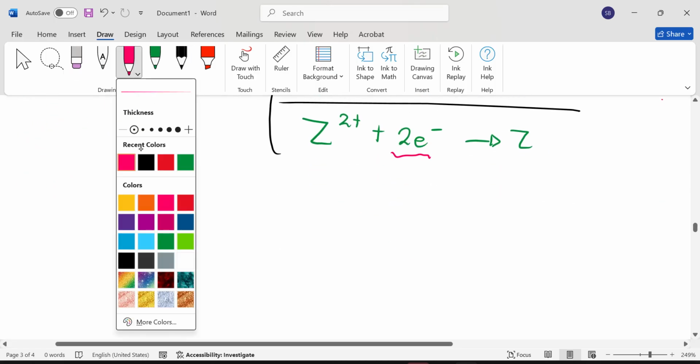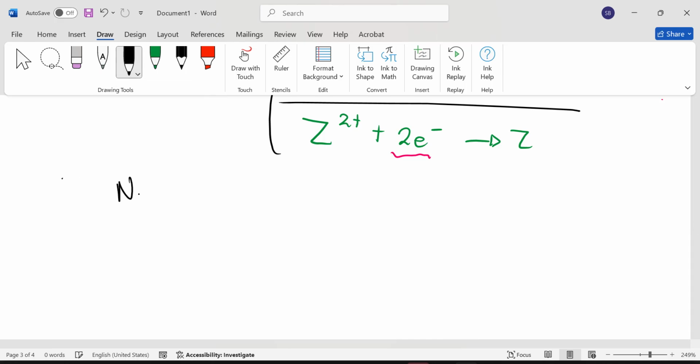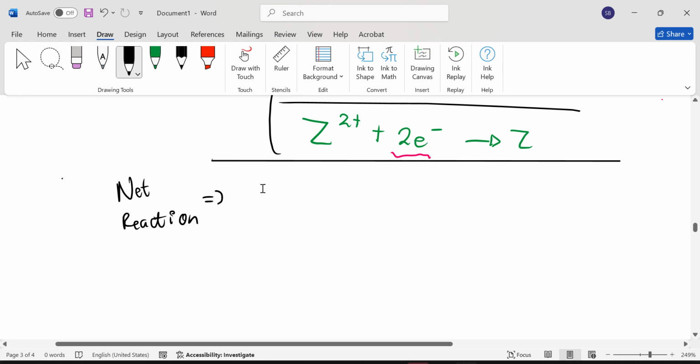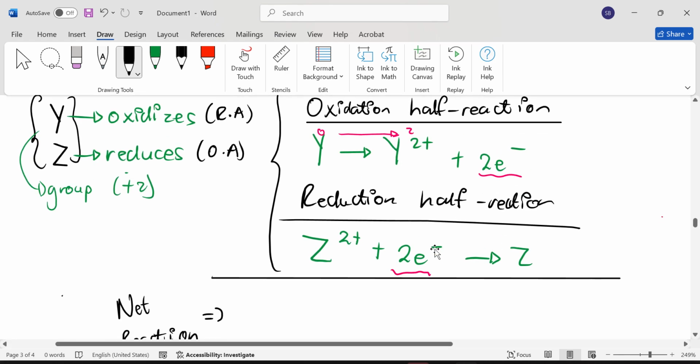In fact, they will ask you for the net reaction. So what exactly is that? The net reaction is the reaction that you have at the end, when you've removed your electrons. So in this particular case, with these two examples that I've made here, this is how I would have my typical net reaction. You start here with these two half reactions.